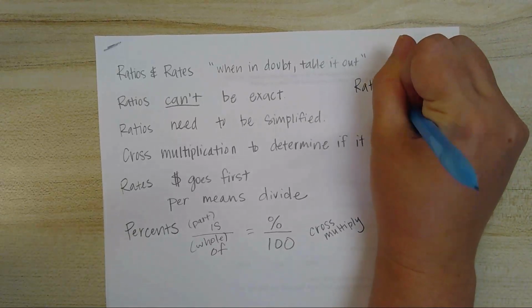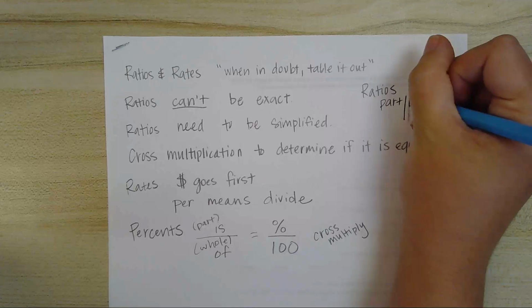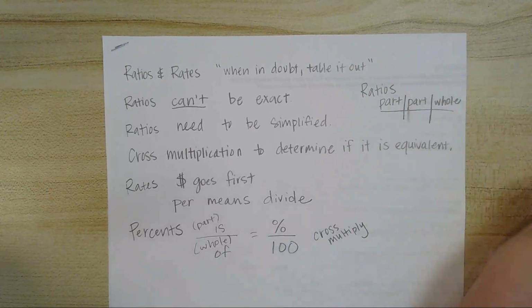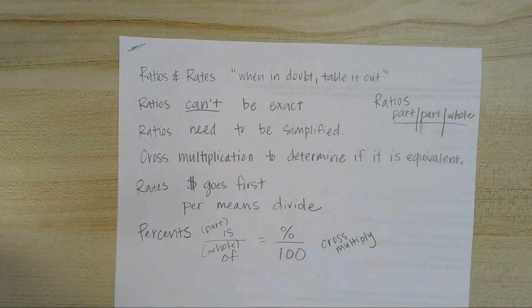And that's what a lot of people forget. That's how you set up your table sometimes. And usually, if it's a level 3, they ask you about the whole, and you have to add your parts. Or they ask you for a part, and you have to subtract your whole minus your part.